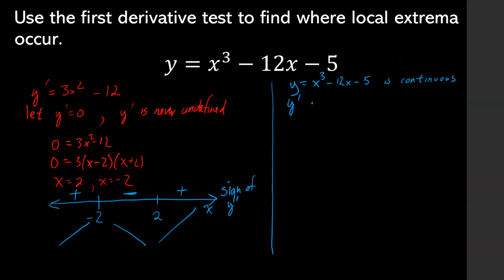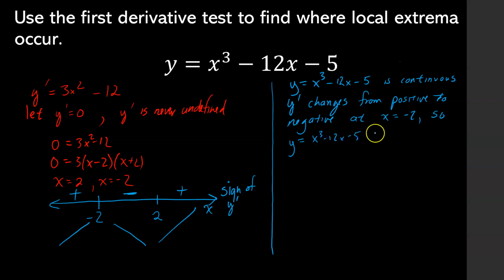We see that y prime changes from positive to negative at x equals negative 2. So y equals x cubed minus 12x minus 5 has a local minimum. Nope, that's not true. Has a local maximum at x equals negative 2.